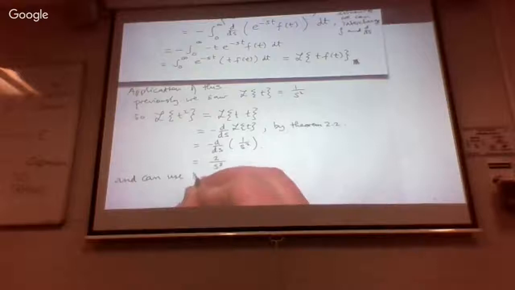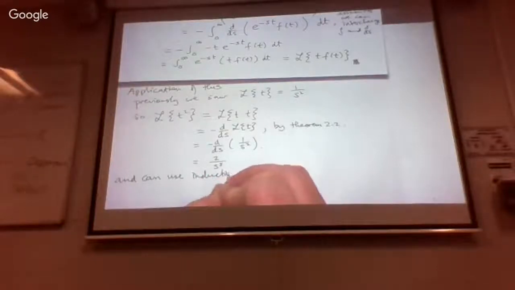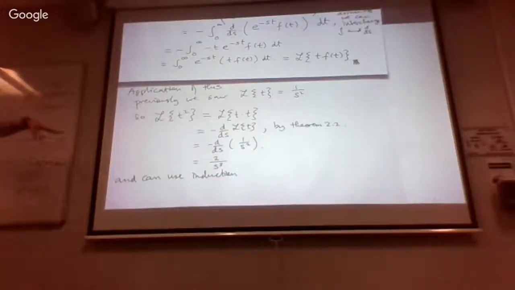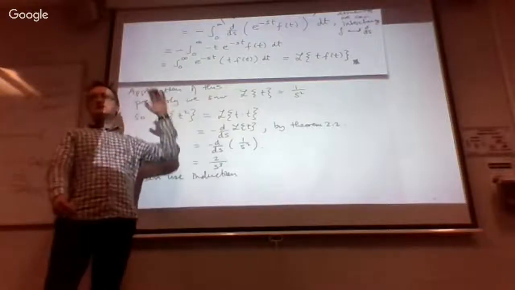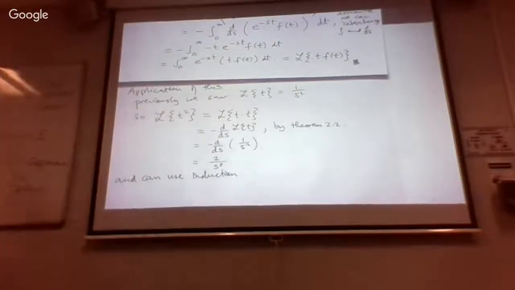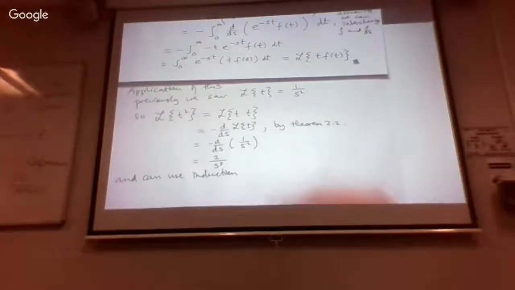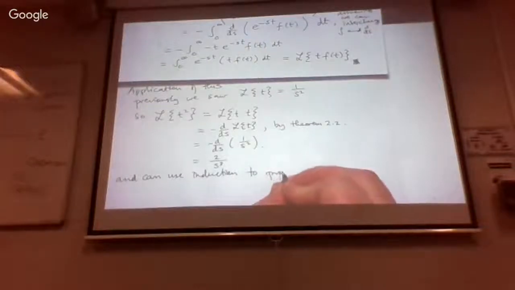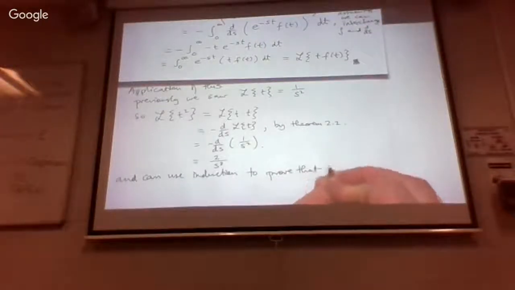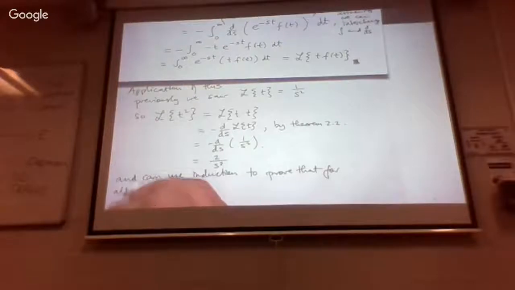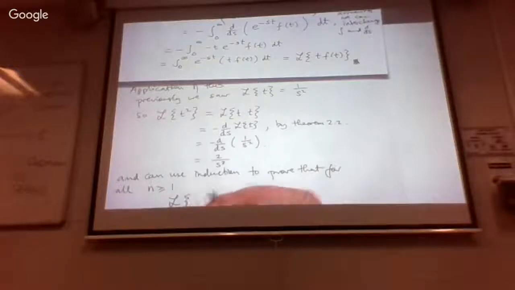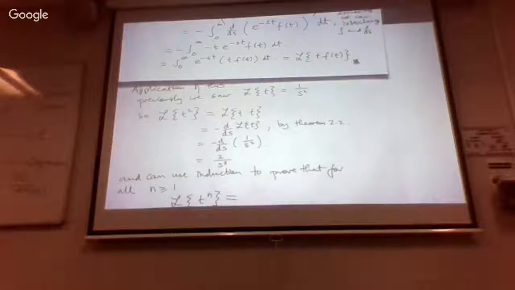And we can use induction because, if we can get from t to t squared, then we can get from t squared to t cubed, then from t cubed to t to the 4, and so on. So we can prove for all powers n, that the Laplace transform of t to the n is what?